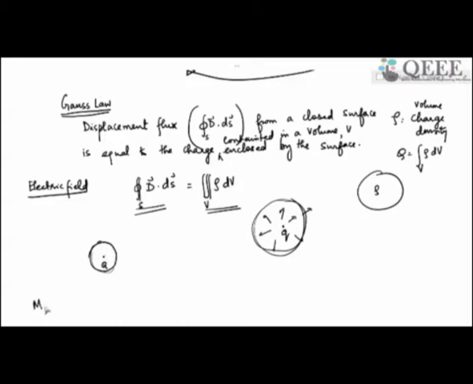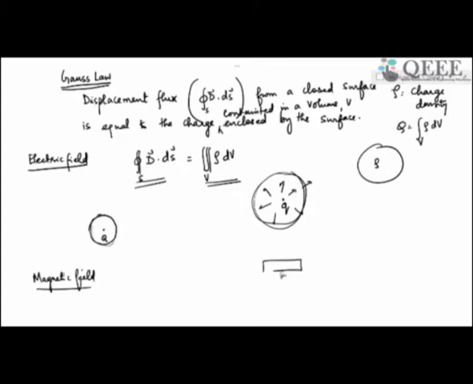Now, in case of magnetic field, you know that the simplest realization of a magnetic field is when you have a magnet. And if I take a closed surface anywhere in the magnetic field, and if I am trying to write this closed integral B dot dS, that is going to be 0, because I have flux entering and leaving the system.